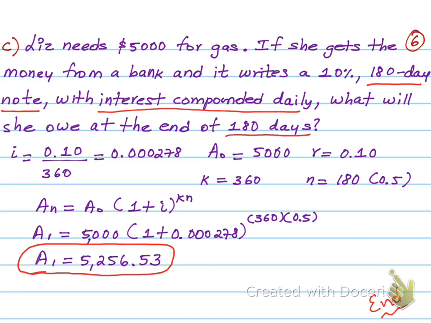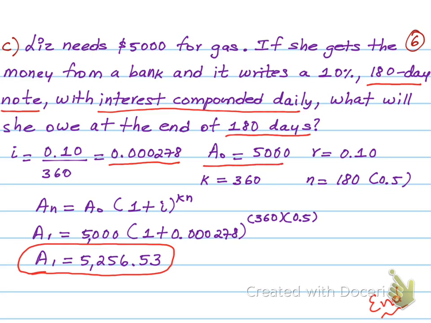Okay, first we get the periodic rate. So that's I is equal to 0.10 over 360, and that's this amount. It's a little bit bigger than the previous amount. The initial amount or capital is 5,000.